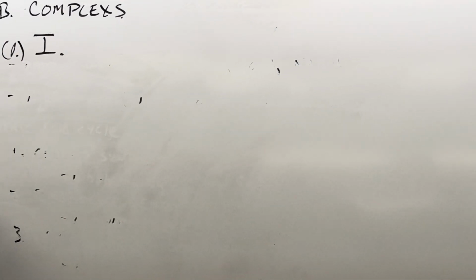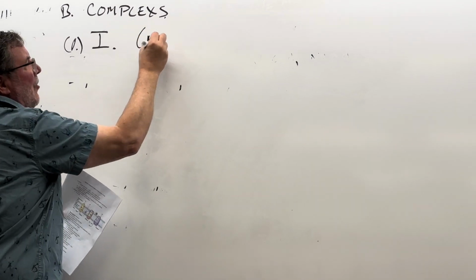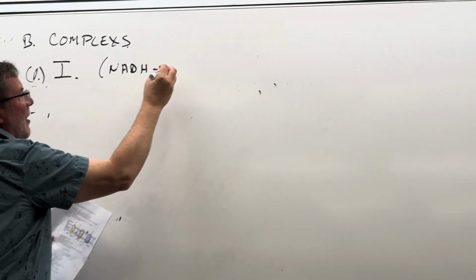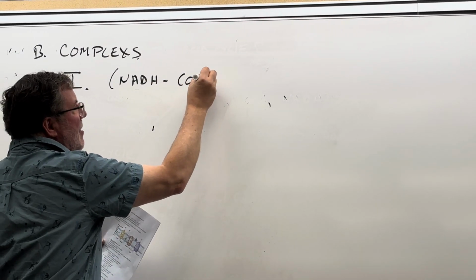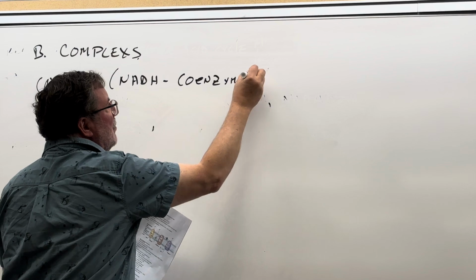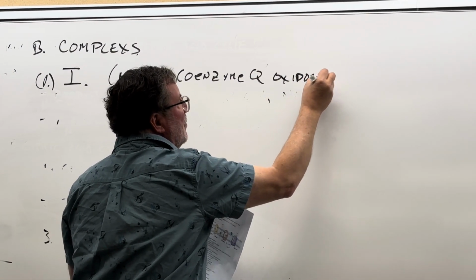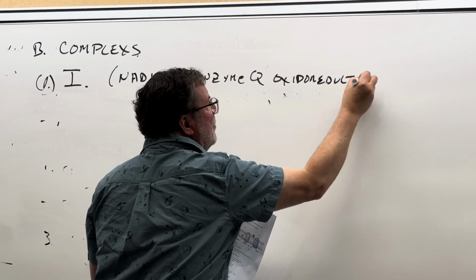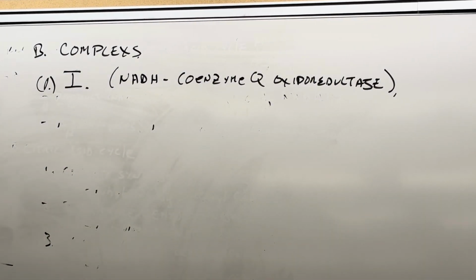Complex 1 is also known as NADH coenzyme Q oxidoreductase. First we're going to look at the structure.